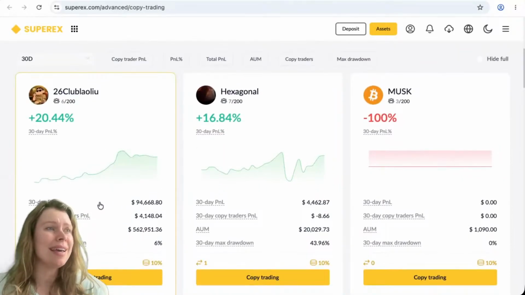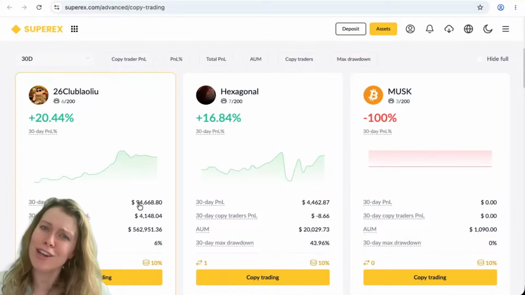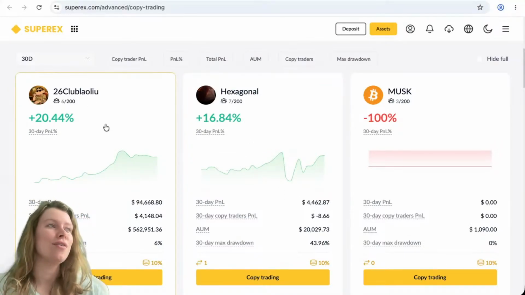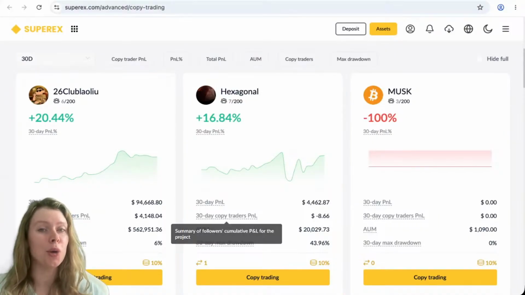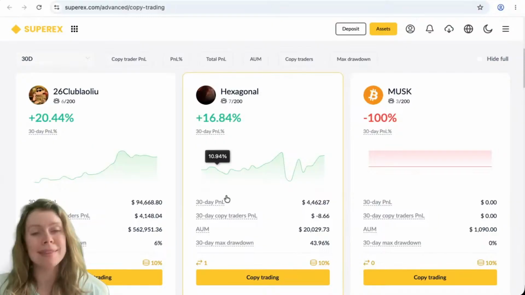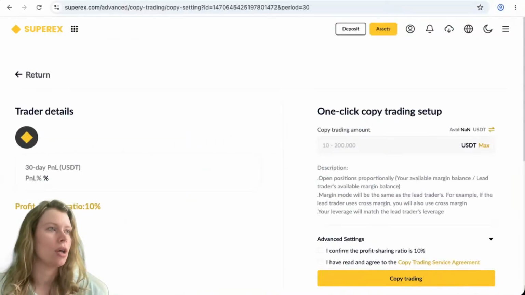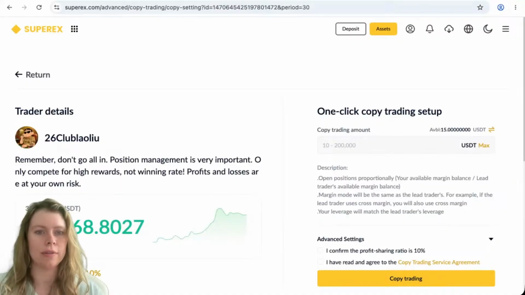You can see this person in 30 days made $94,000. That's insanity. This one, $4,000. So currently, I want to go check out 26 Club Laolu and see what it is they are getting up to, because that looks like some goody stuff. So we're going to click on copy trading to bring up the next page.